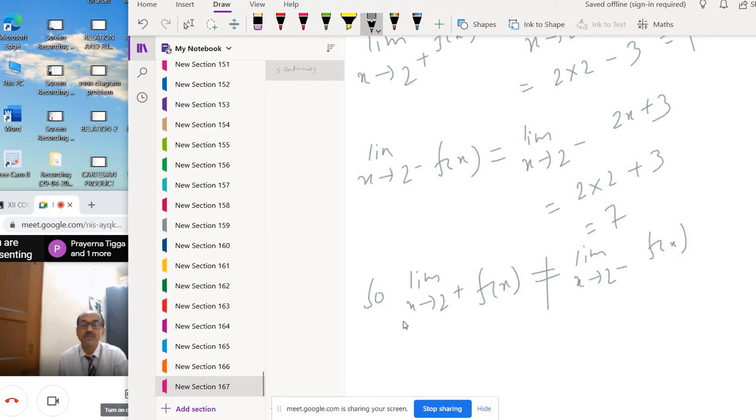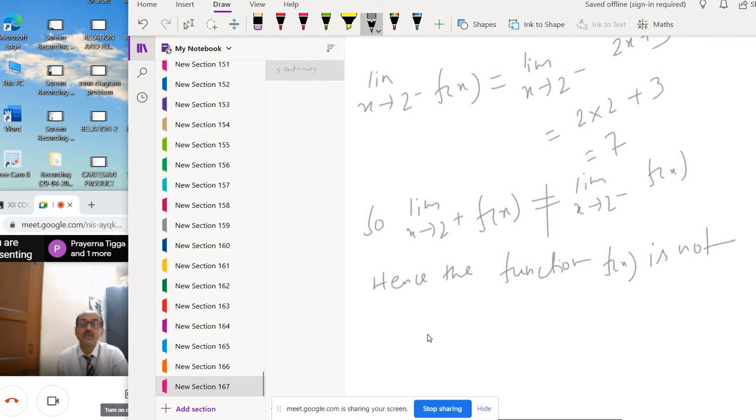So hence the function f(x) is not continuous at x equal to 2.